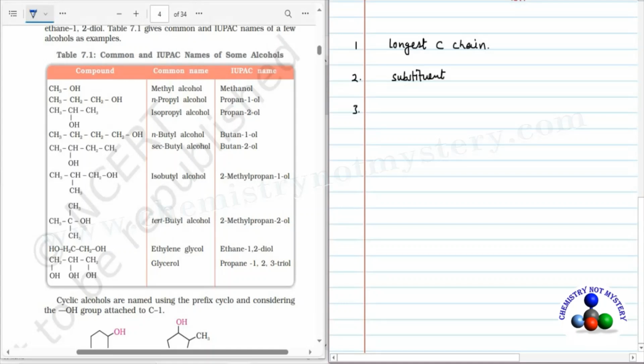And third, number the chain so that the functional group gets the lowest possible number. For alcohol, the suffix is OL.